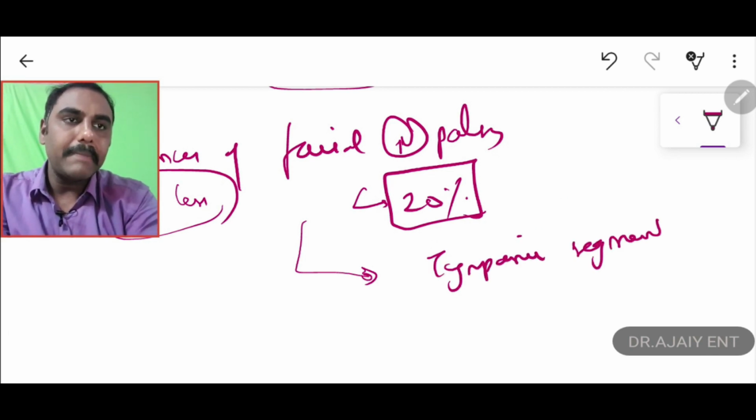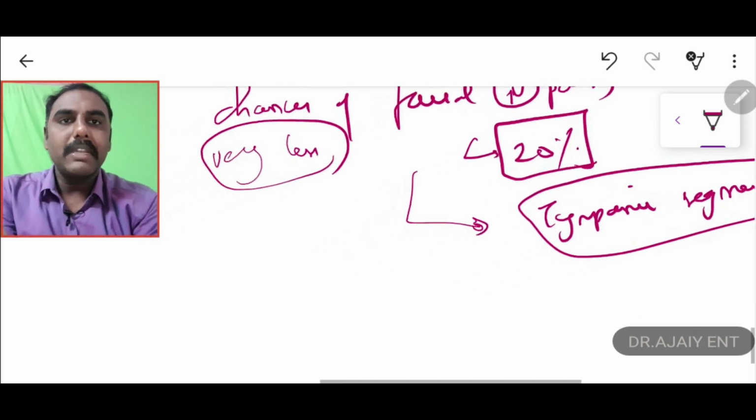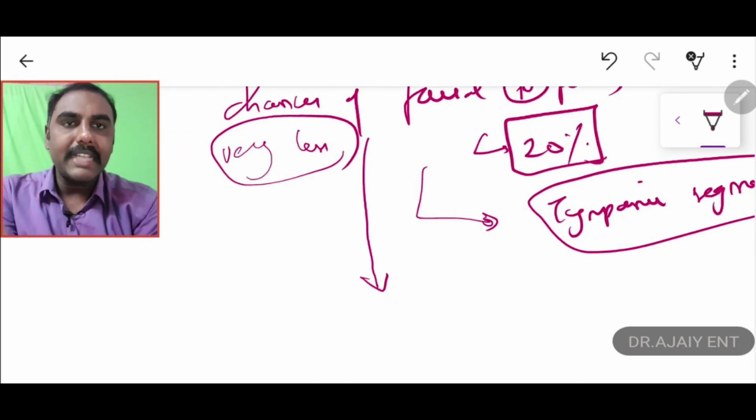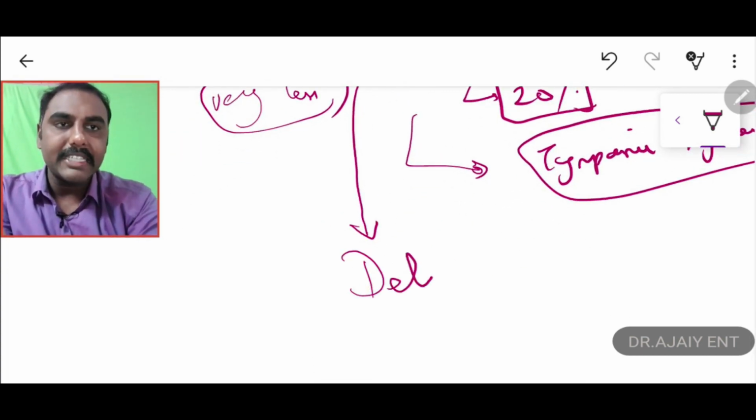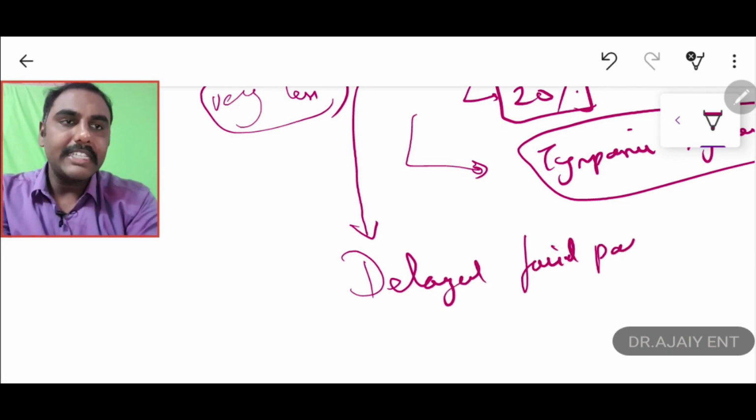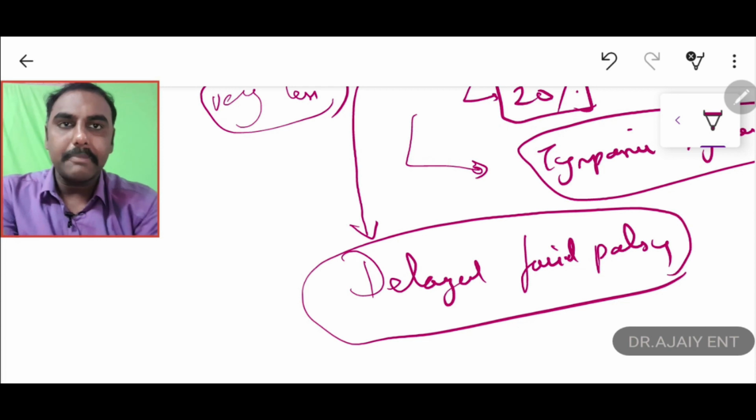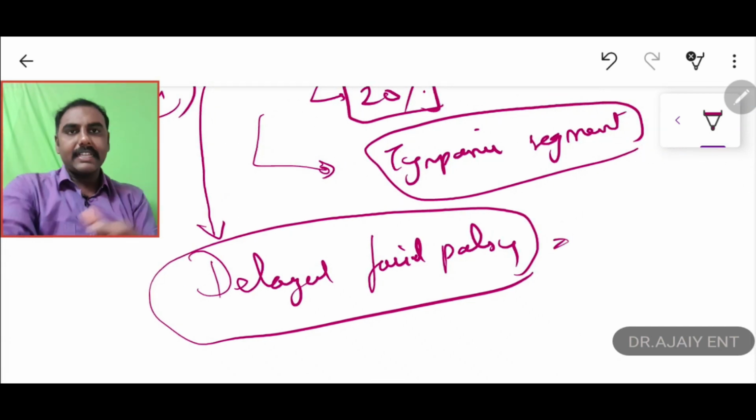Okay, the tympanic segment can be involved, but usually it would be a delayed facial palsy.